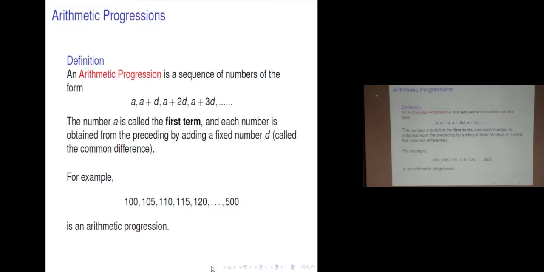Suppose you deposit $100 and the interest rate is 5%. If I interpret the interest rate in a simple way, every year you get $5. So the first year you get 100 plus 5, the second year is 100 plus 10, and then plus 15, plus 20, and so on and so forth. This is an example of an arithmetic progression.